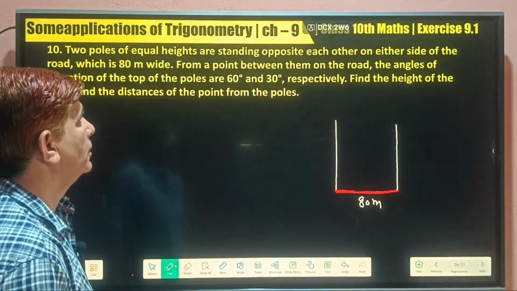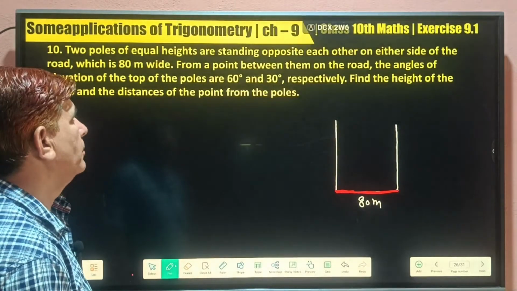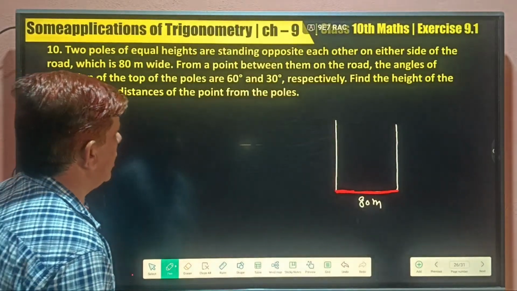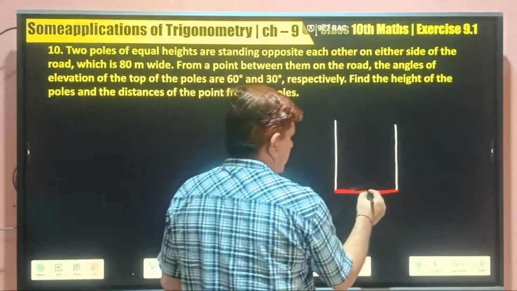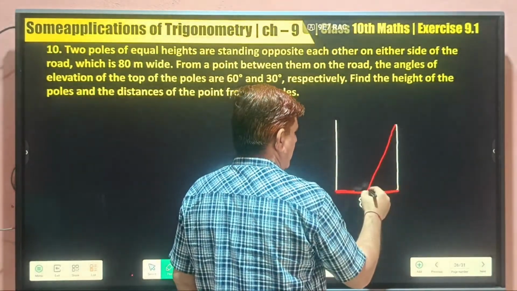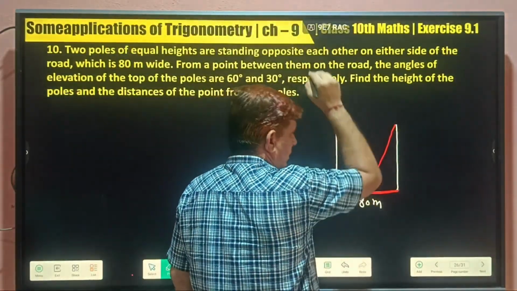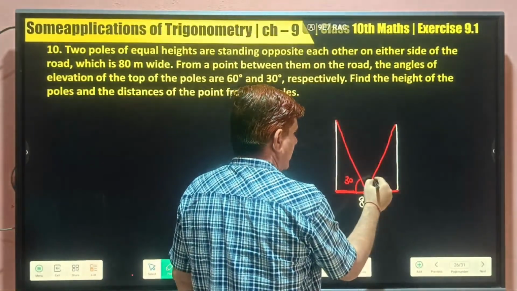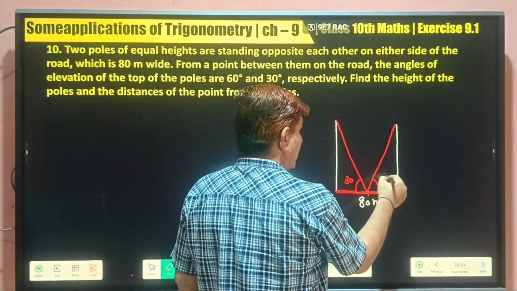From a point between them on the road, the angles of elevation of the tops of the poles are 60 and 30 degrees. So from this point, this angle and this angle, one time 30 degree, next time 60 degree.